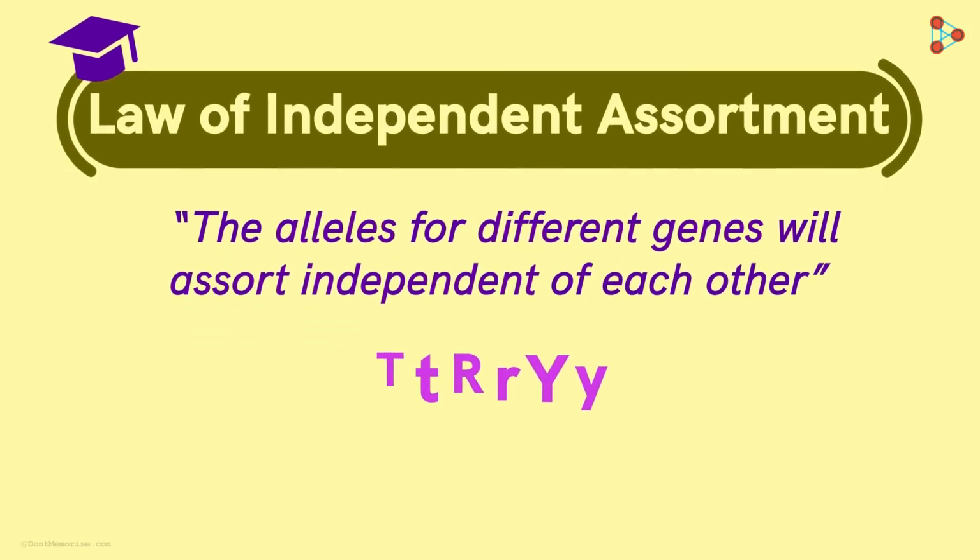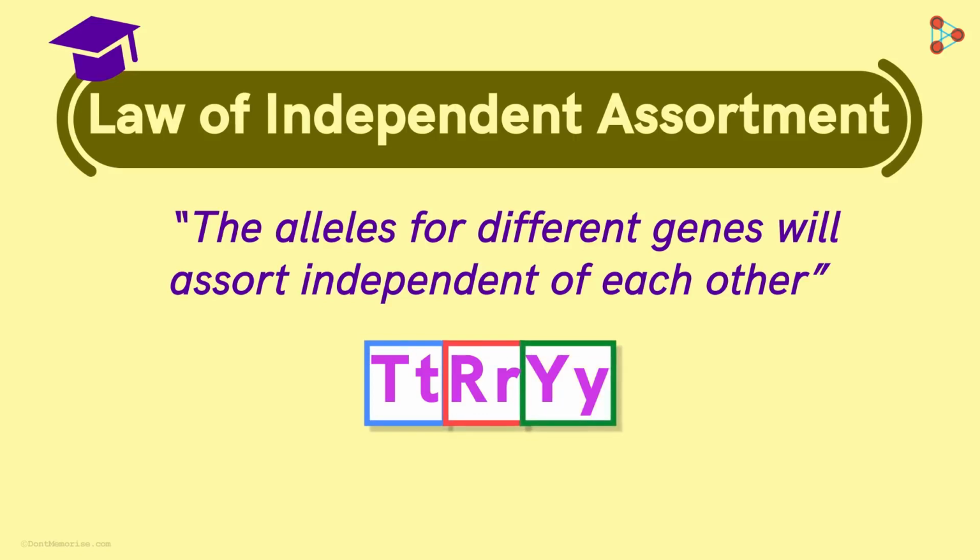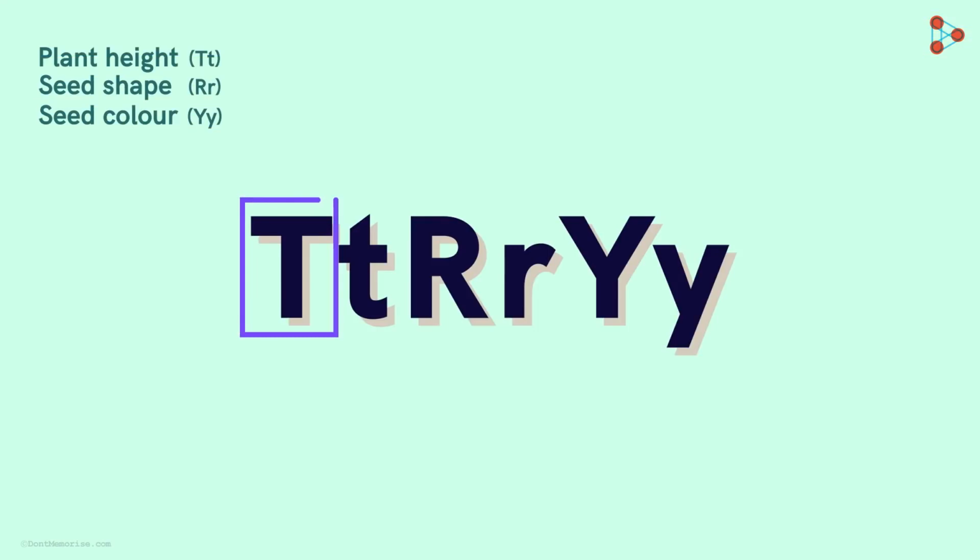So in simple words, the alleles T and t will assort independent of the other alleles R and r and even Y and y. That means the T can be assorted with either R or r and similarly with either Y or y. There is a simple way to find the combinations.